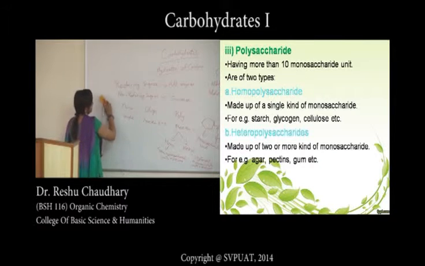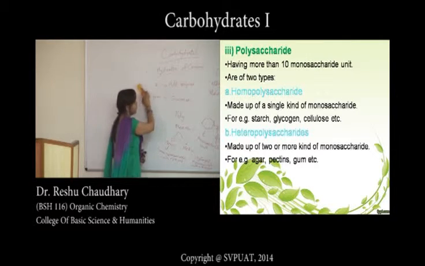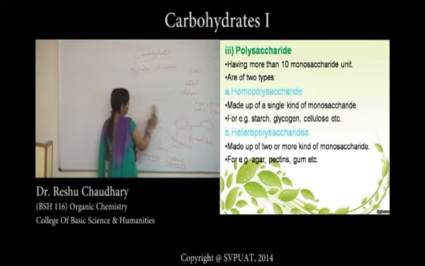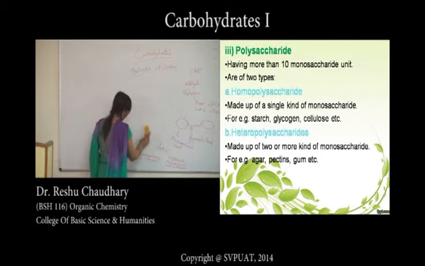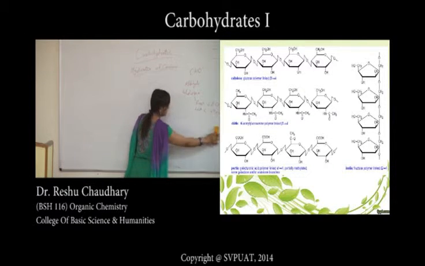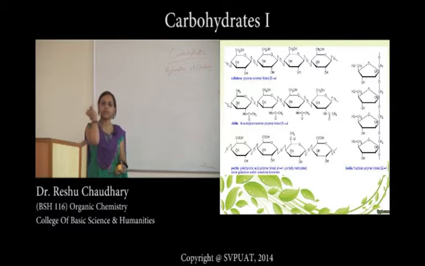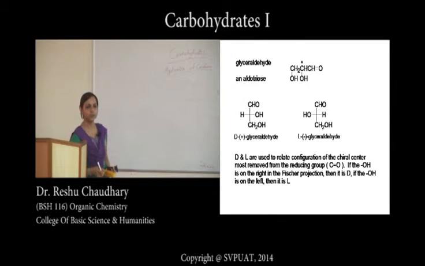Now, as we know, there are some types of isomerism in carbohydrates, also in organic compounds. They show different types of isomerism. The first one is structural, and the second one is stereoisomerism. Stereoisomerism is further classified into three parts: optical, geometrical, and conformational.